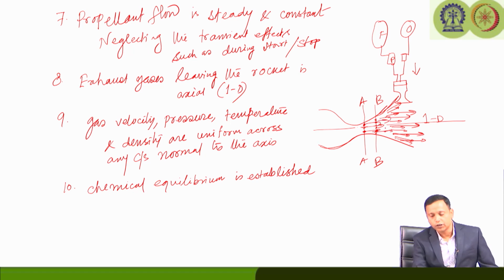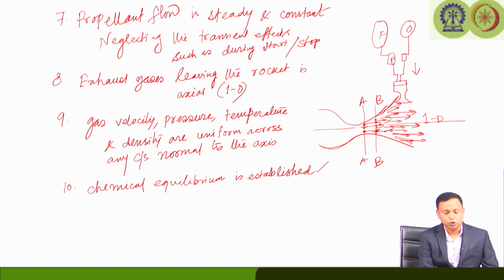There might be some reactions taking place in the nozzle itself, but we are not considering that. Even if they take place, we consider they have a negligible effect on the species composition. So, chemical equilibrium is established and the chemical composition is not going to change while the gas passes through the nozzle.